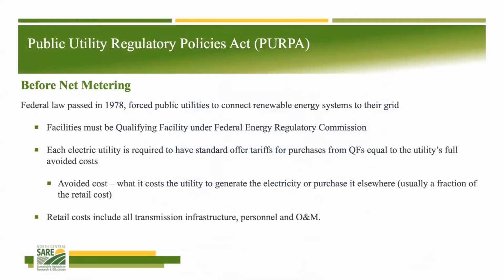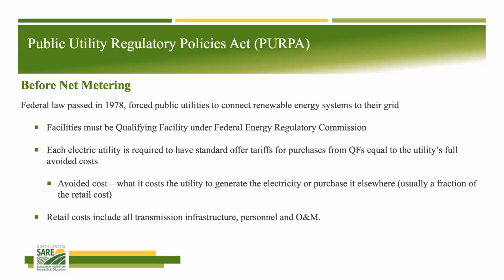Before we jump into net metering, a little bit of a history lesson. Prior to net metering, federal law passed in 1978, the Public Utility Regulatory Policies Act, or PURPA, basically required utilities to allow renewable generators, which they refer to as qualifying facilities, to interconnect to the grid.